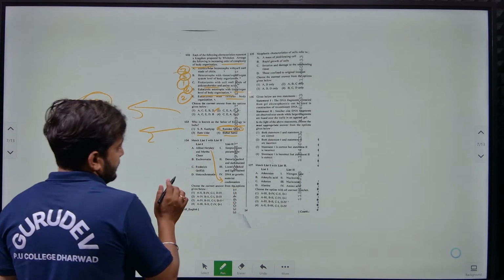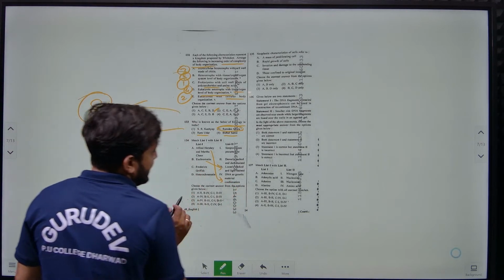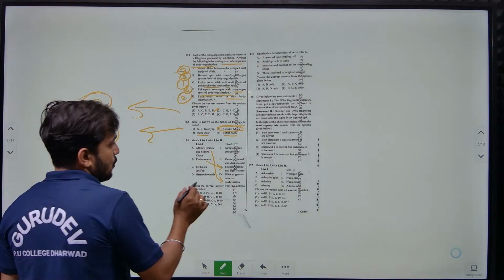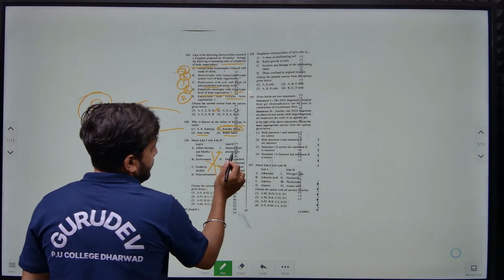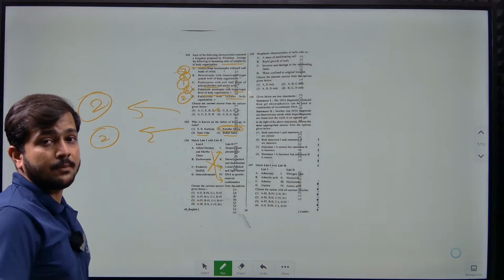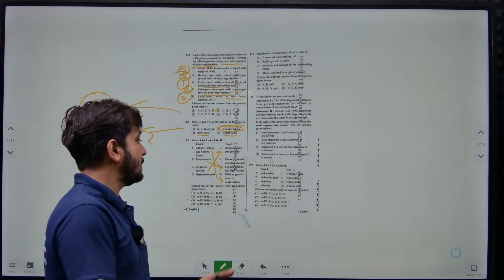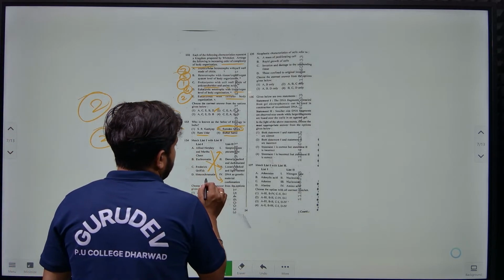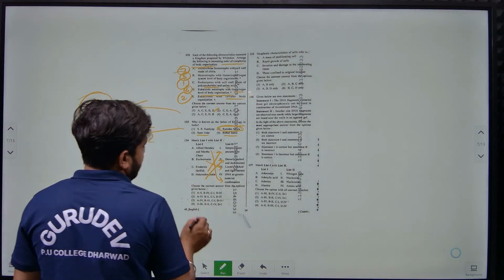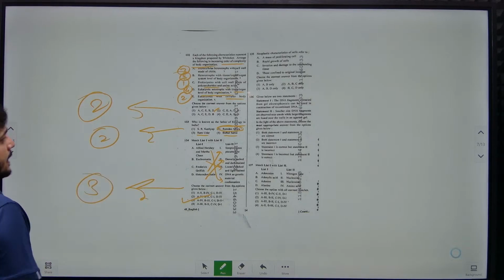Euchromatin is the loosely packed and lightly stained component of chromatin. Frederick Griffith used Streptococcus pneumoniae to prove the transformation principle. Heterochromatin is densely packed. According to that, option 3 is correct here.